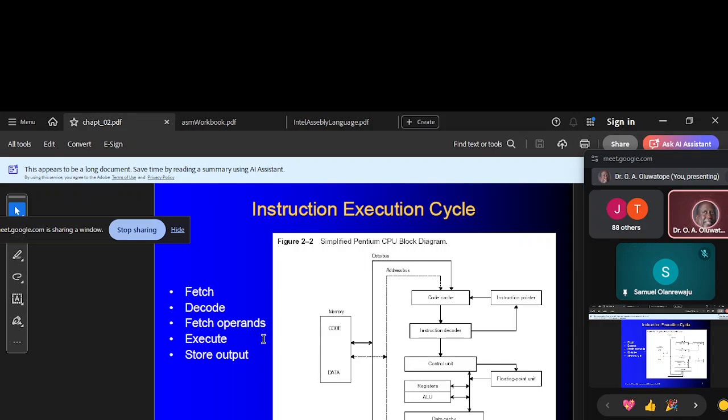A holds the result of the addition of operands B and C. But the instruction is that B should be added to C, and the result of the addition be stored in A. So there are two operations, addition and storage. So decode interprets and then identifies the circuits that should perform that.